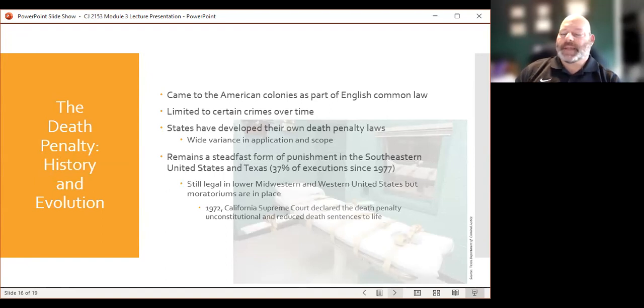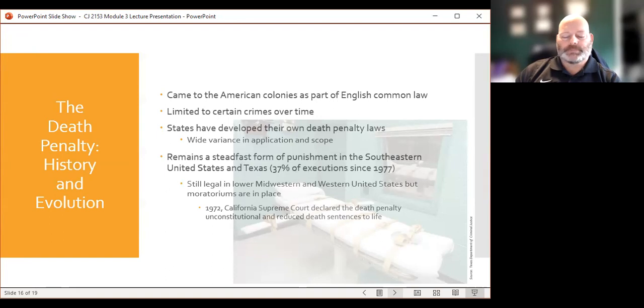The death penalty came to the American colonies, just like many other laws and aspects of laws, as part of English common law, but has become more and more limited to certain crimes over time. And states have developed their own death penalty laws, which leads to this wide variance in application and scope.